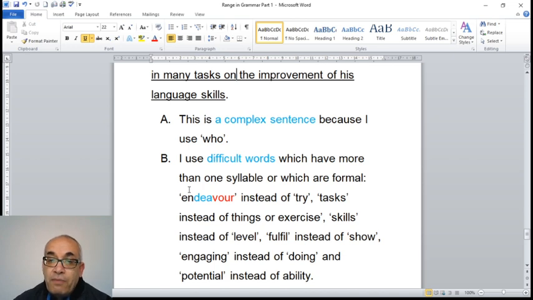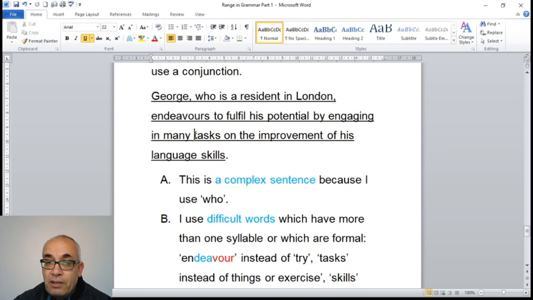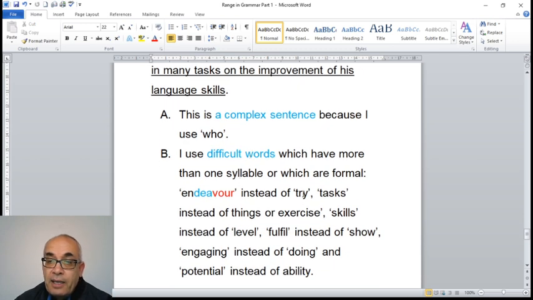Tasks instead of things or exercise. So I use tasks. You can put exercises, it gives 99% the same meaning. But because you are a high level, you have to use tasks. Again, skills instead of level. Again, these are like synonyms, they have similar meanings. Fulfill instead of show.